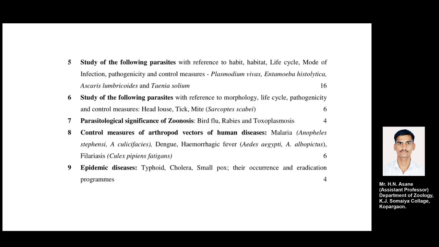Then we are going to study the third animal, Ascaris lumbricoides. Ascaris is a roundworm, and its scientific name is Ascaris lumbricoides. We are going to study its habitat, geographical distribution, external morphology, as well as its life cycle.